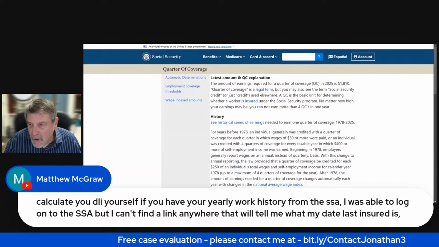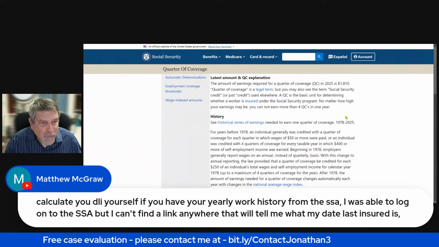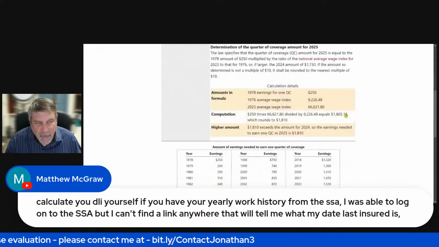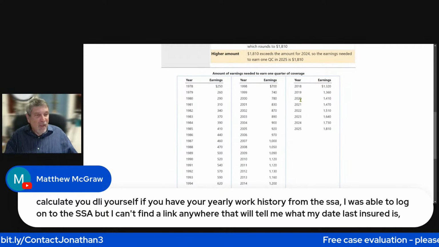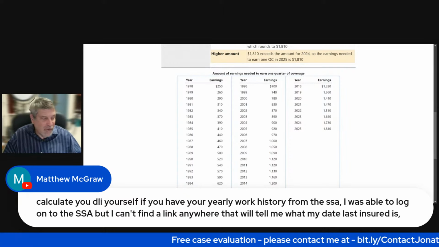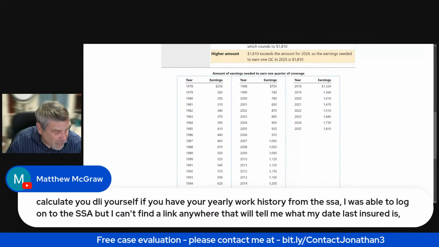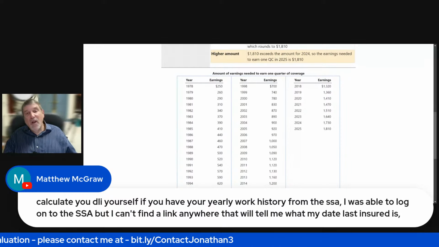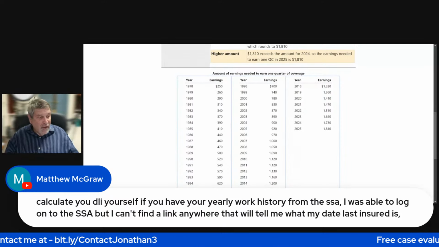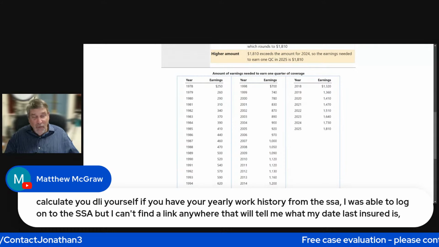So let's say you get your My Social Security statement, and you see in year 2019 a quarter of coverage is $1,360. 1,360 times 4 is $5,440. So if you have earnings in 2019 of $5,440 or more, then you got all 4 quarters of coverage.